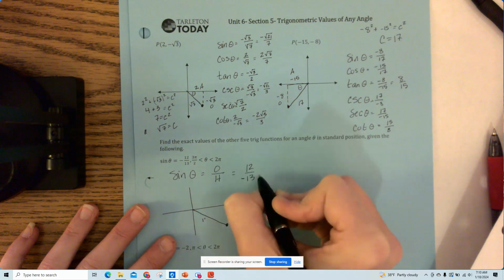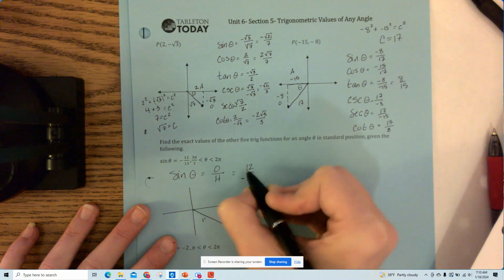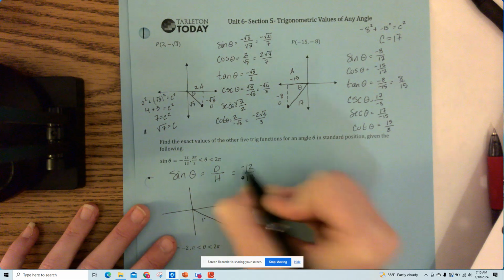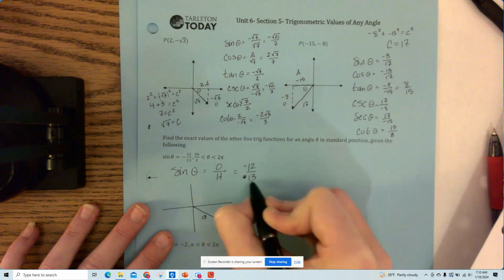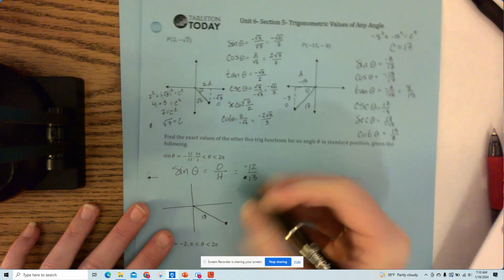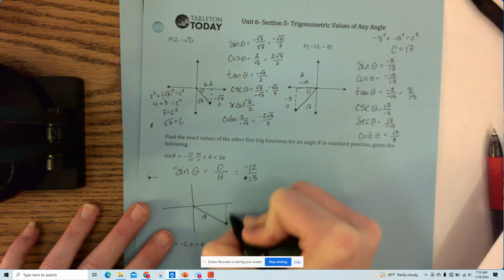I'm sorry, I did that backwards. The 12 is the negative. I was looking at the adjacent side. We know this side is 13, the hypotenuse. This is going to be the 12 side.